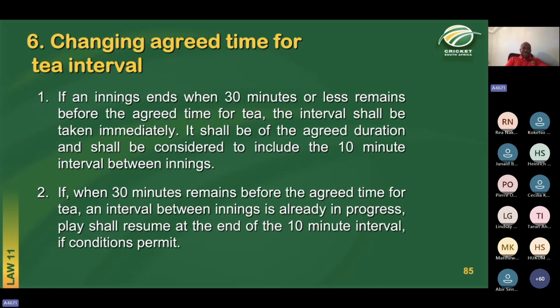If, when 30 minutes remain before the agreed time for tea, an interval between innings is already in progress, play shall resume at the end of the 10-minute interval if conditions permit, and we will play until the scheduled tea break. So in this example, let's say India were all out on day 3 of the Test match at 14:05. Now remember that our tea break is scheduled for 14:40.